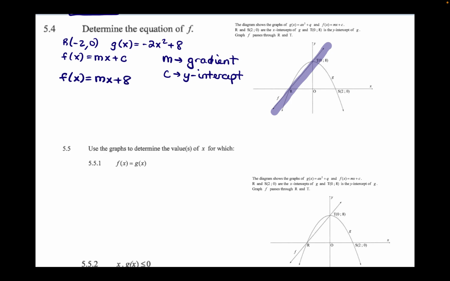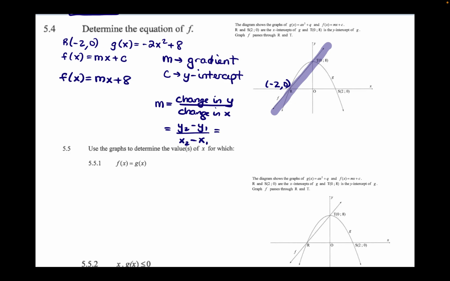And I can use my point R, which we found in an earlier section, to find the gradient. The gradient is the change in y over the change in x. You may have seen this written in a variety of ways: y2 minus y1 over x2 minus x1 if you have 2 points.